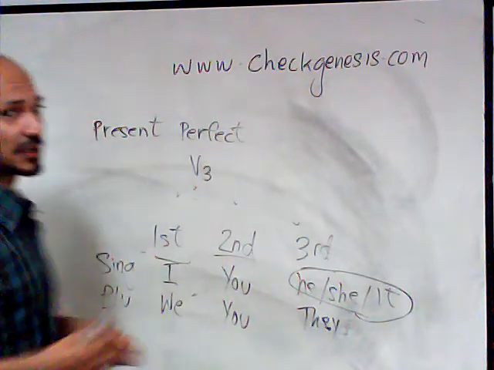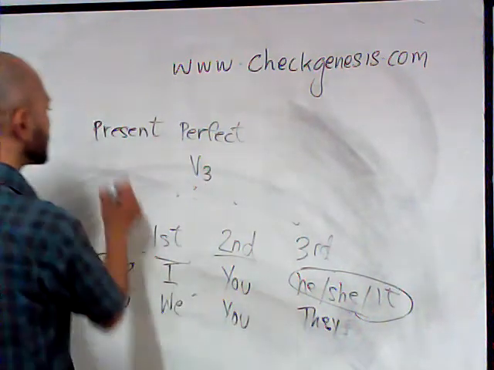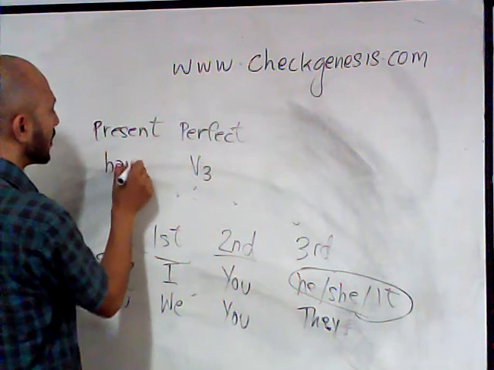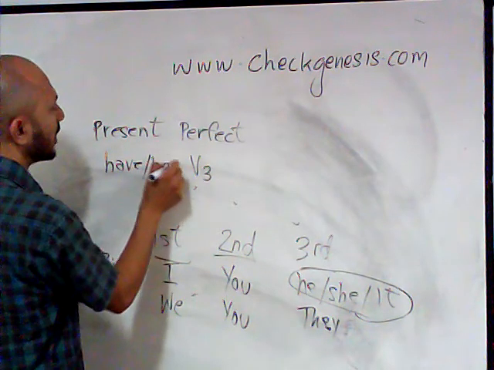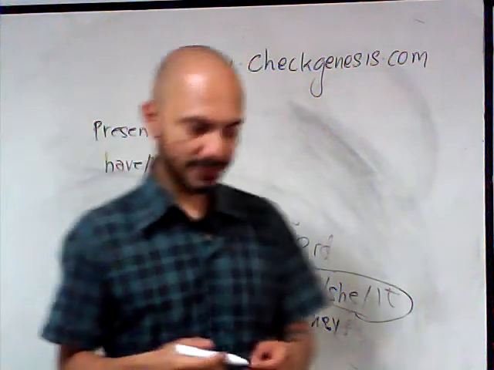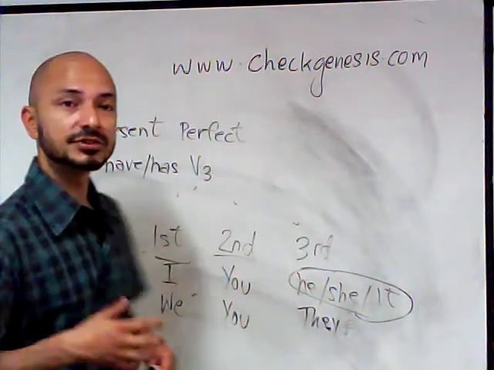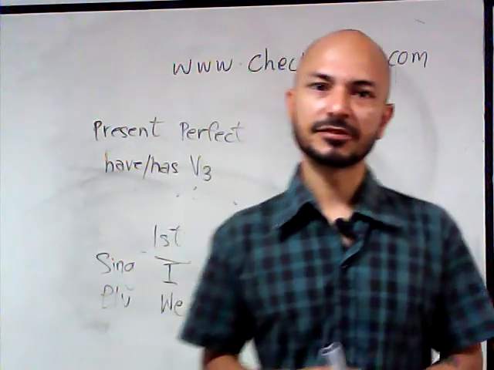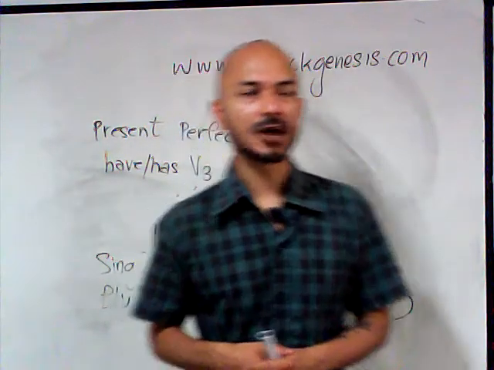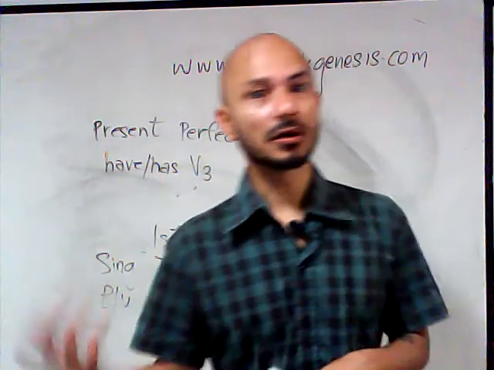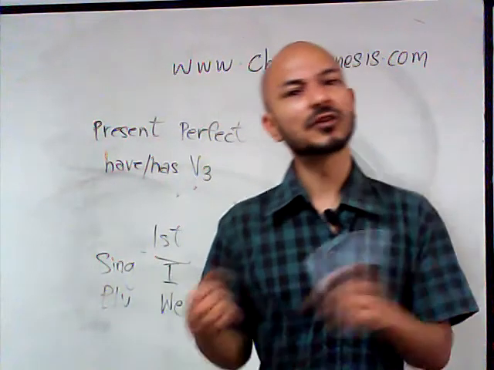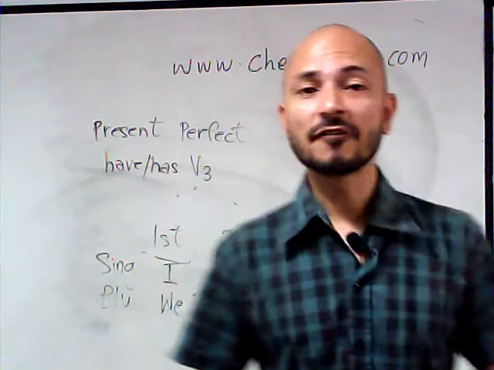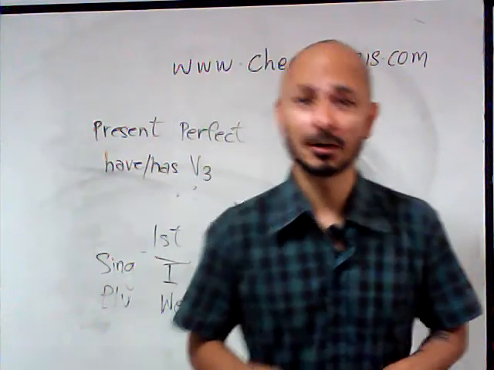So the present perfect, the form first we have have or has, and then the third form of the verb over here. So we use the present perfect to talk about life experiences. Like I have done this, I have gone there, I have eaten this, I have driven that, I have been to Antarctica, say.